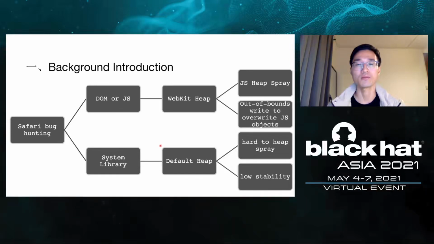As a result, out-of-bounds write vulnerabilities in these modules make it extremely difficult to override some key JS objects. These vulnerabilities are difficult to exploit without the coordination of an info leak bug.